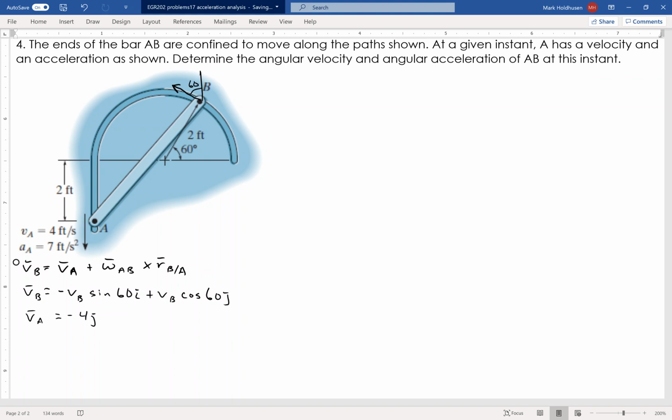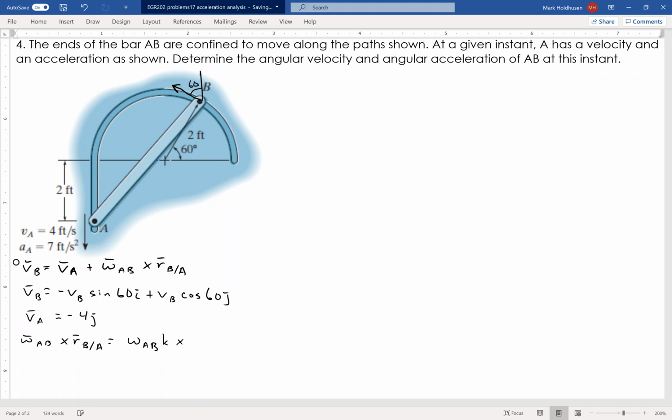And then I have the omega cross r that I'm looking at, which will be omega AB crossed with r of B with respect to A. And again, I don't know omega AB, that's what I'm looking for. So I know it's in the k direction. I don't know if it's positive or negative, so I'll just assume positive. If I'm wrong, then I'll get a negative answer.